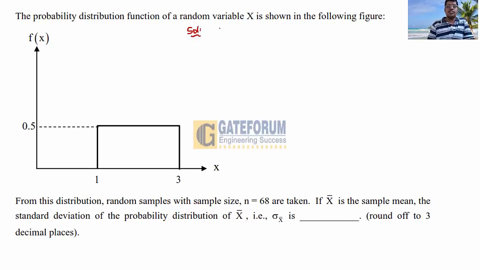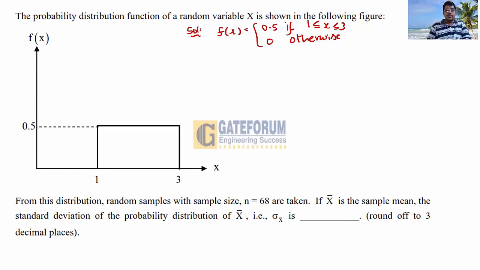The solution is, here I am writing, from the graph, write the corresponding function values. That is f of x is equal to 0.5 for x lying between 1 to 3, that is if 1 less than or equal to x less than or equal to 3, and 0 for other values of x, that is x less than 1 as well as x greater than 3.